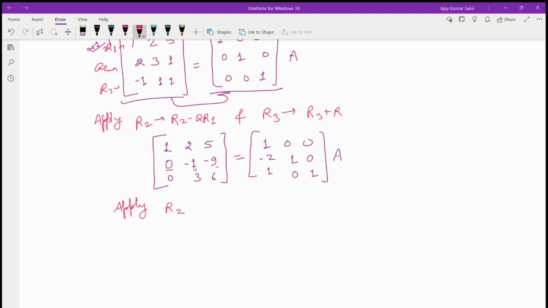We need to multiply this by minus 1, and after that I make this 1. So see here, minus 1 into R2, and R3 is 1 by 3 into R3.